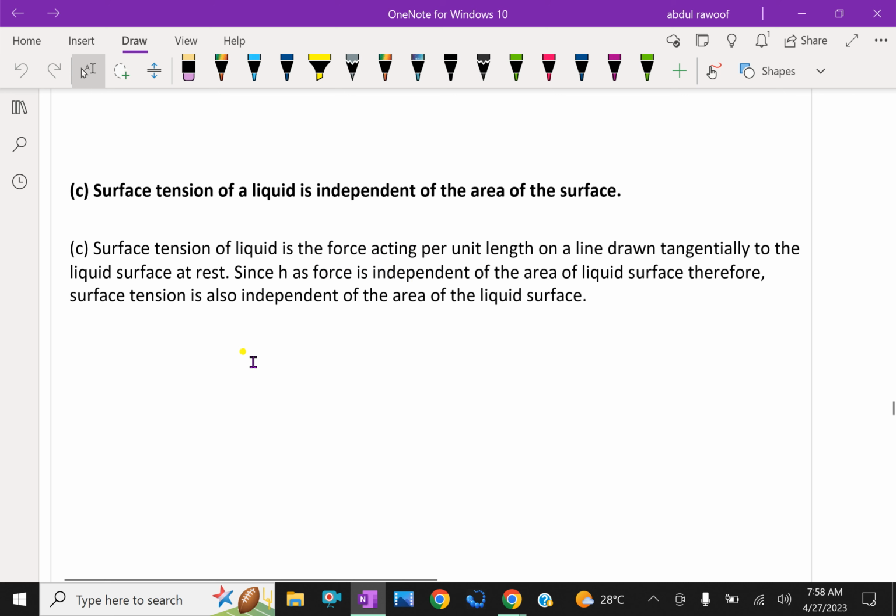So surface tension is not bothered about the surface area. Since the force is independent of the area of the liquid surface, surface tension is also independent of the area. The same liquid having different areas has the same surface tension.